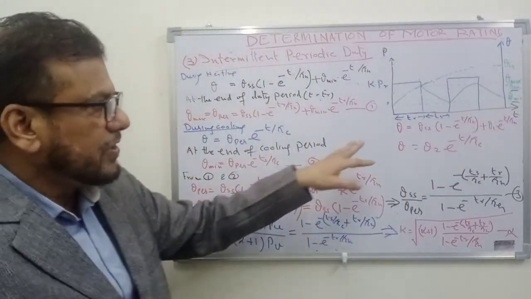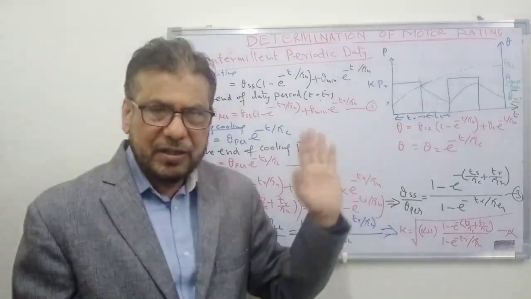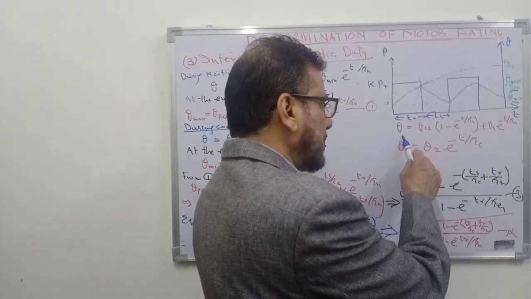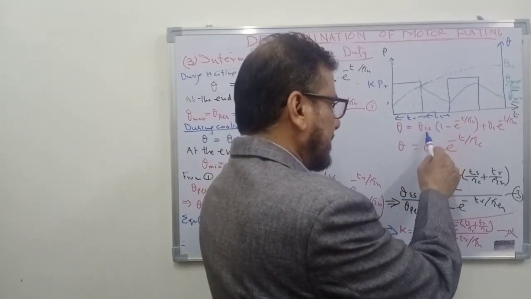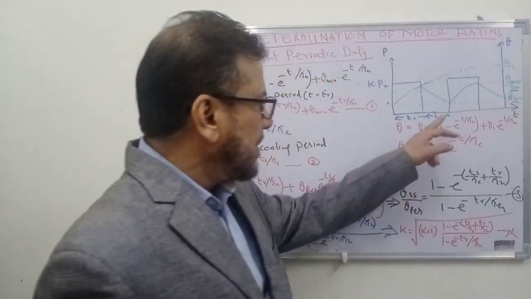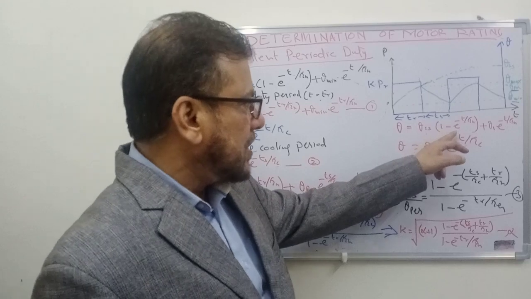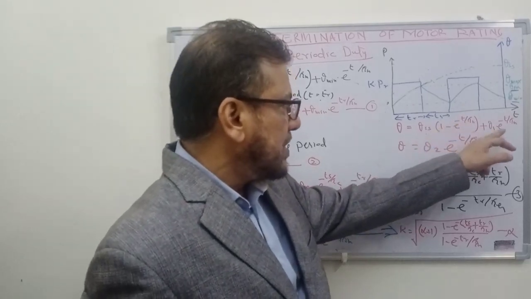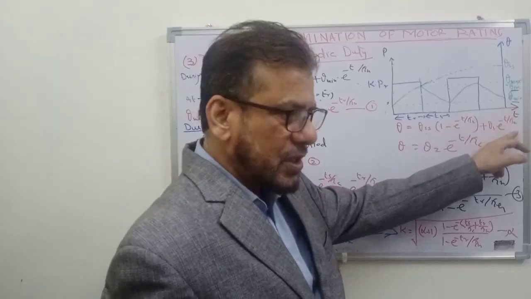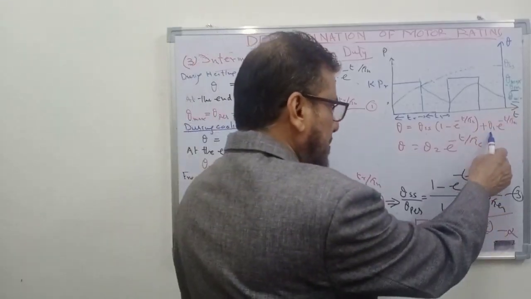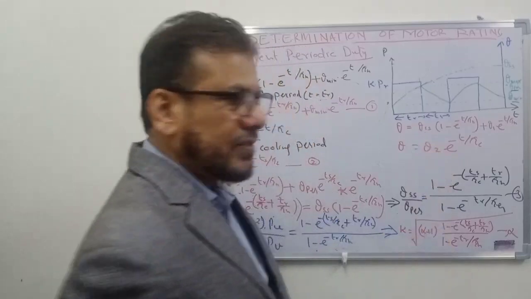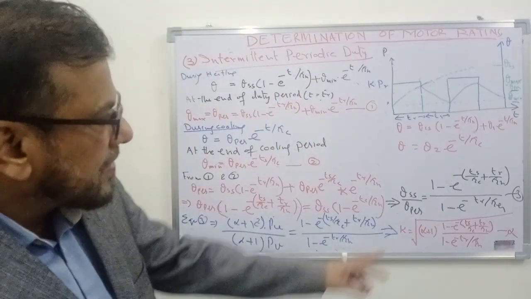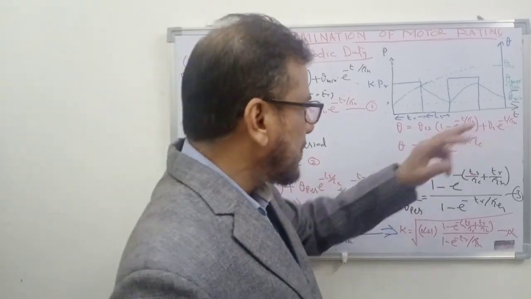Now recall the equations for the heating and cooling period. The heating temperature was like this: theta equal to theta SS (the steady state temperature rise) times 1 minus e to the power minus t upon tau h, plus theta 1 e to the power minus t upon tau h. Theta 1 is the initial temperature, theta SS is the steady state temperature rise, and tau h is the heating time constant.